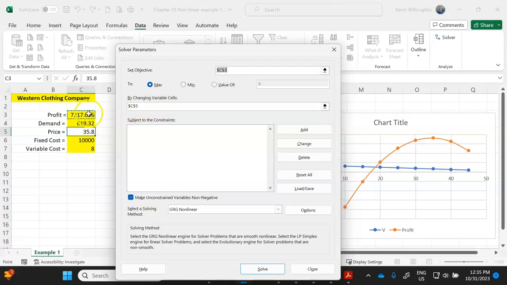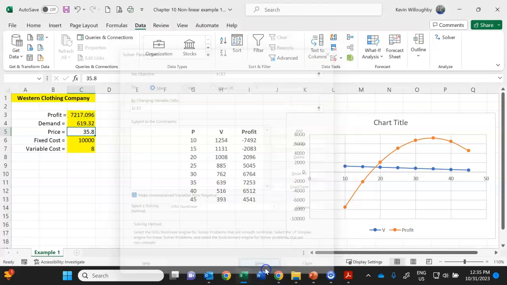Now, of course, our profit and our demand is based on that price. So after we change price, our demand and profit will change. So we're trying to maximize, find the best profit at the best price. So it's nonlinear. We need to change the solver method to GRG nonlinear, and we solve it.